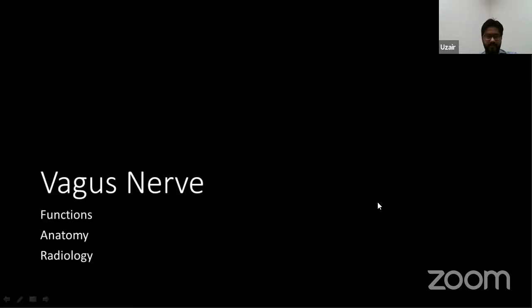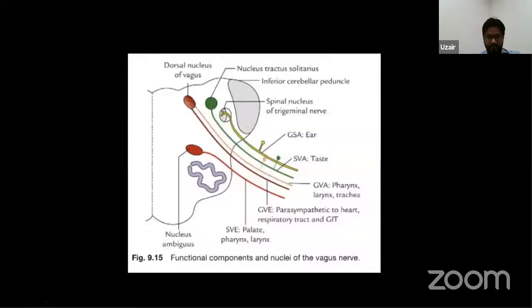Now coming to the vagus nerve, we are again going to discuss functions, anatomy, and radiology. So this is the brainstem. These are the brainstem nuclei of the vagus nerve. We can appreciate the nucleus ambiguus, which is a motor nucleus of special visceral efferent fibers, responsible for the motor component of all the muscles that arise from the branchial arches.